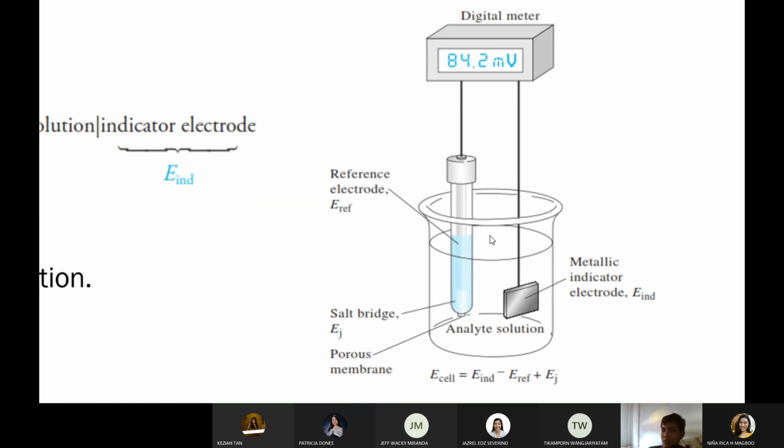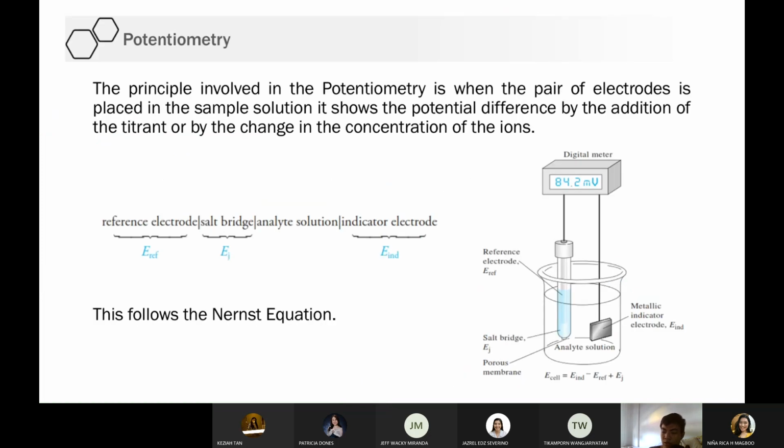I don't know what it is composed of because this is just an arbitrary picture anyway. On the other side you have the indicating electrode. Depending on the amount of ions in the solution, you can get the cell potential, and from the cell potential you can solve for the concentration of the species using the Nernst equation.